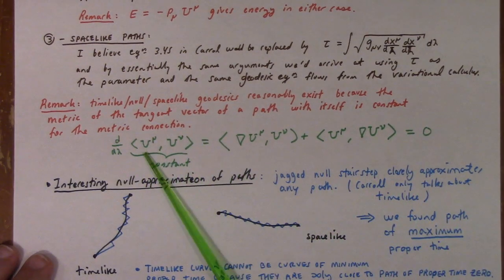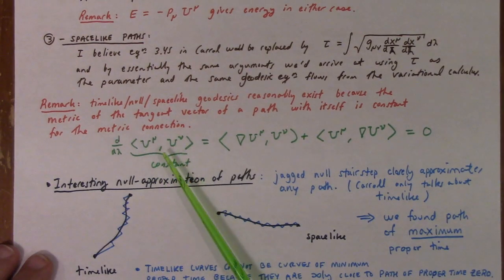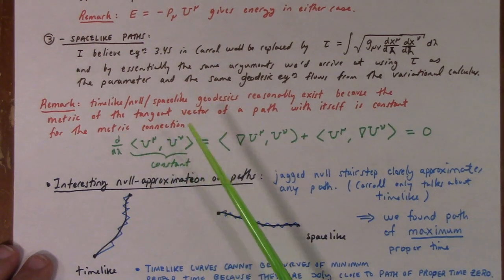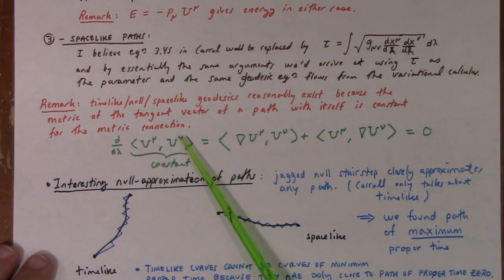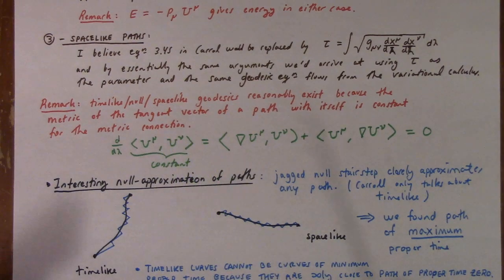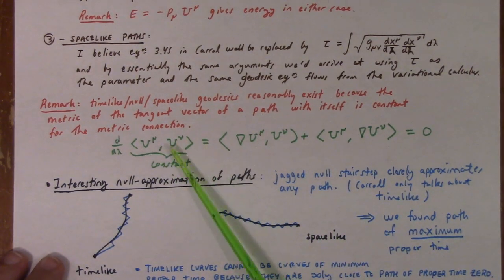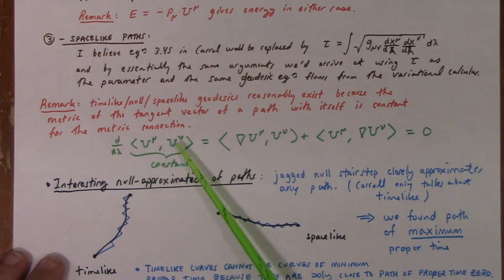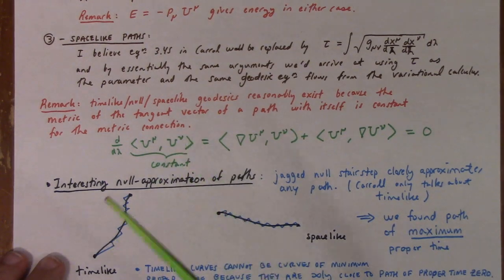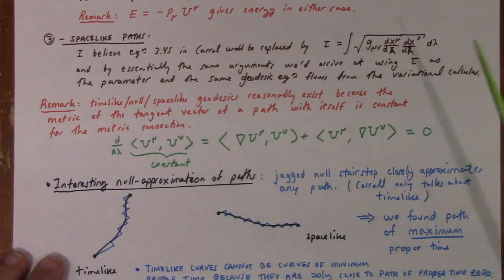And if this is constant, well, the inner product, the Minkowski product really, locally is either going to be negative, 0, or positive, depending on whether you've got a time-like, null, or space-like path.